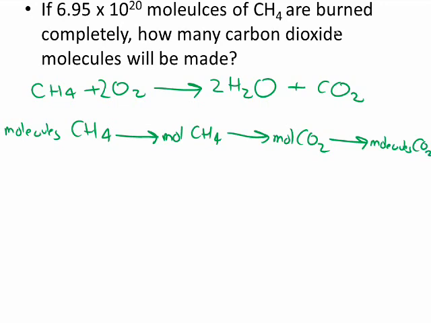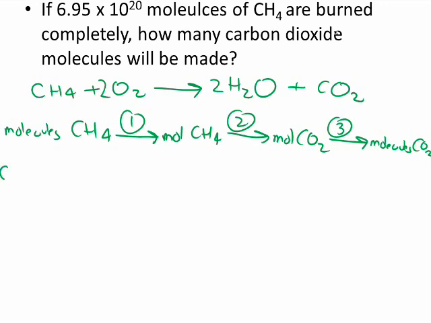So going from molecules of CH4 to moles of CH4, that's with Avogadro's number. Moles of CH4 to moles of CO2, that's from the equation. Moles of CO2 to molecules of CO2, that is also from Avogadro's number.